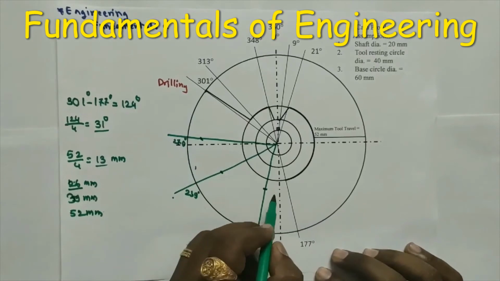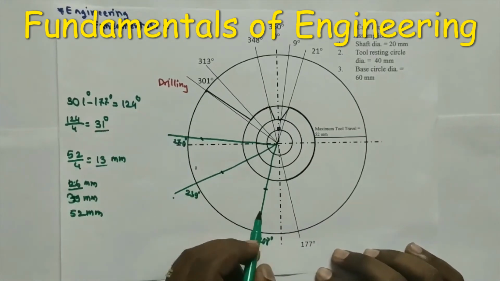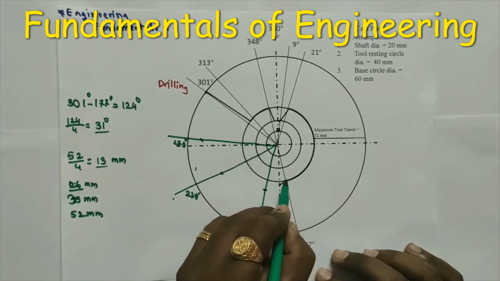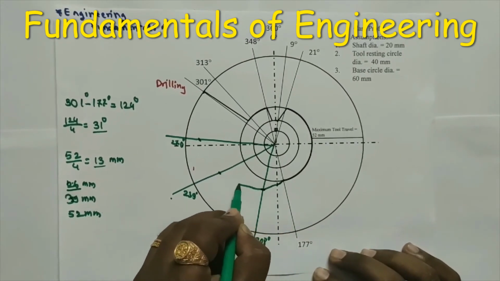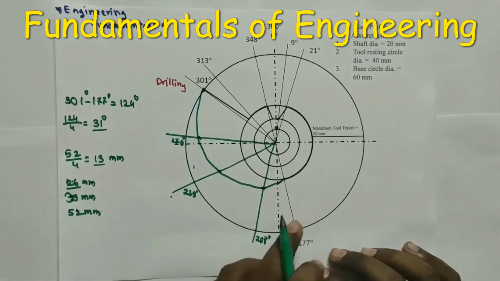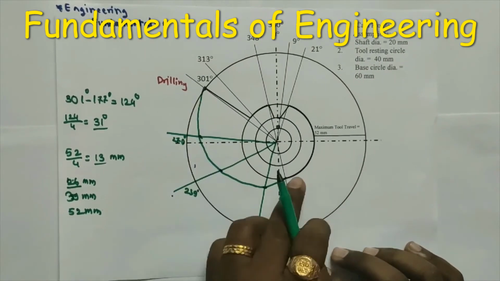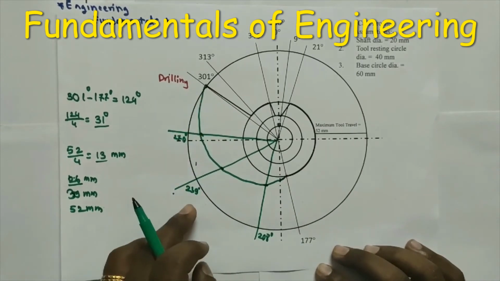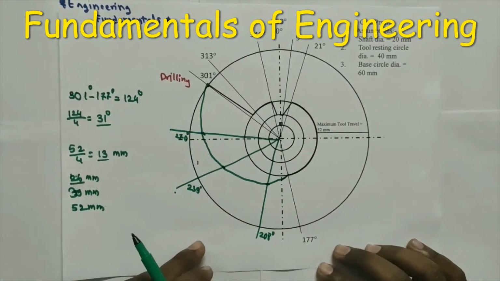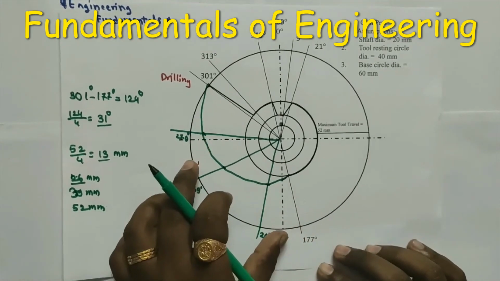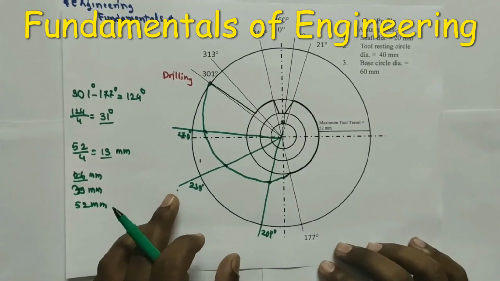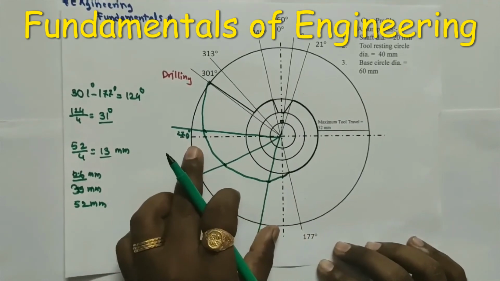So we get these 4 points. Now by using a smooth curve we have to join these. It will give you the smooth path for the cam profile for the drilling operation. So this is a small and important trick. By using it you can easily draw the smooth curve for the cam profile.